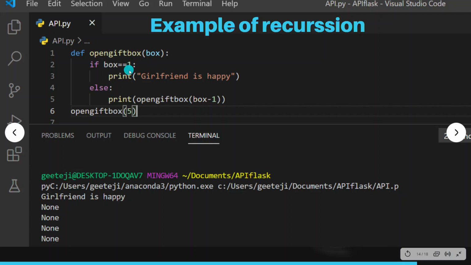Remember base condition: if the box equals 1, then print girlfriend is happy, else the recursion function is called. Okay, I have given 5. How we find this output, we will see in a later section of the video.